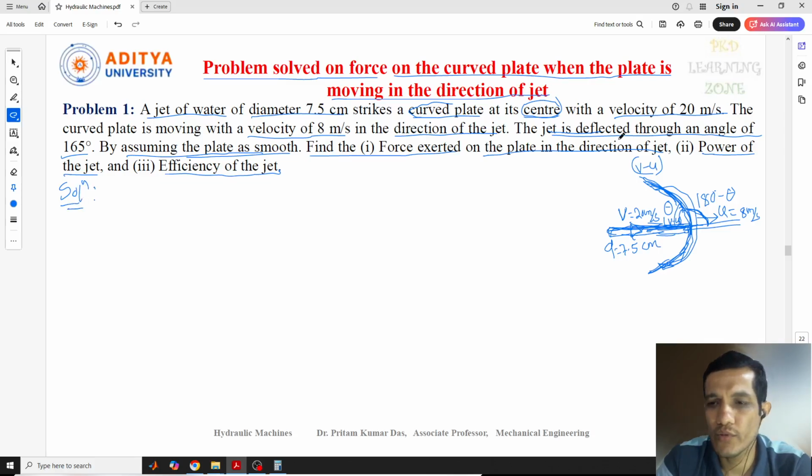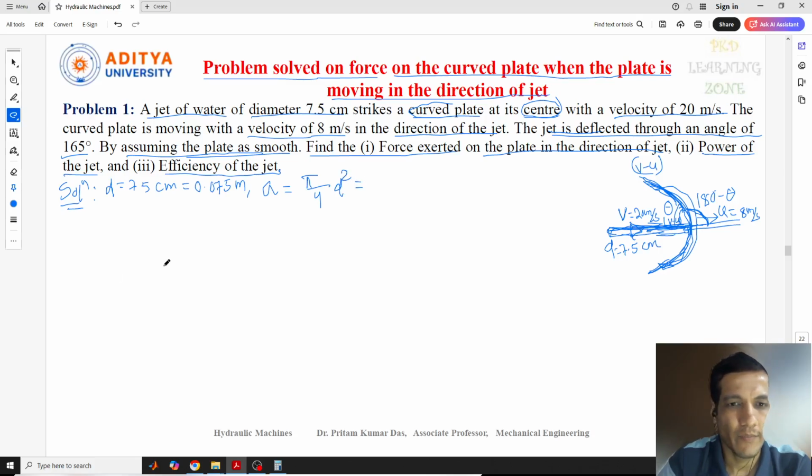The data is mostly written here. First I'll write one more thing: the diameter is given as 7.5 centimeter, which we can convert into meter, so it will be 0.075 meter. From here we can identify the area of the jet, which is pi by 4 d square.